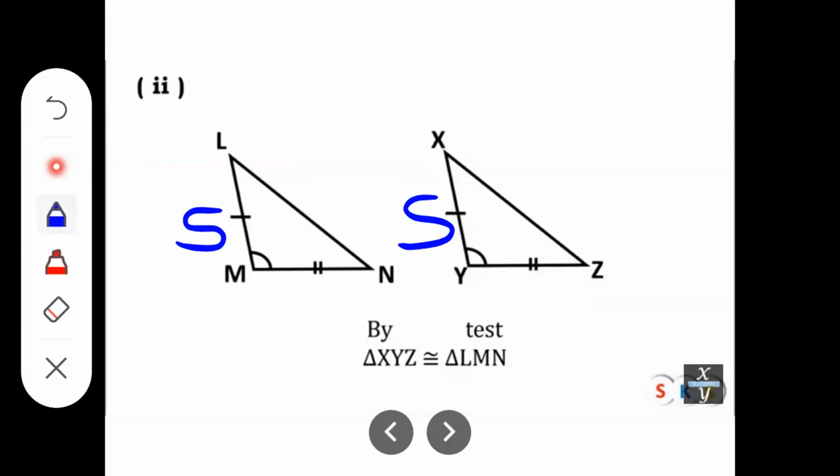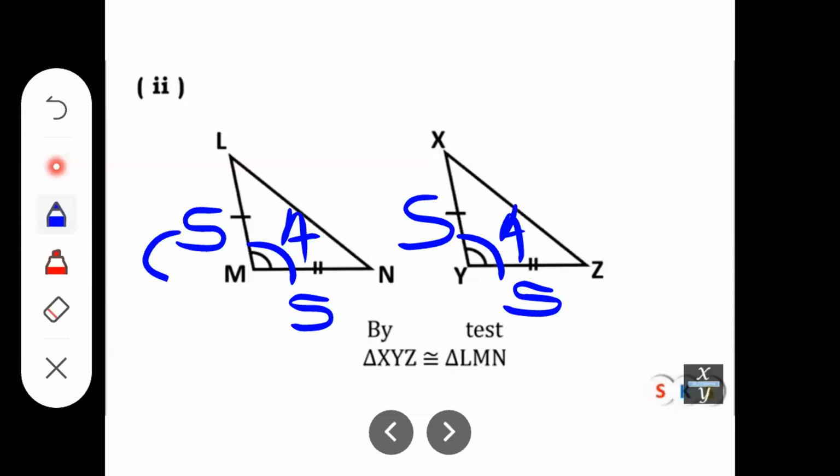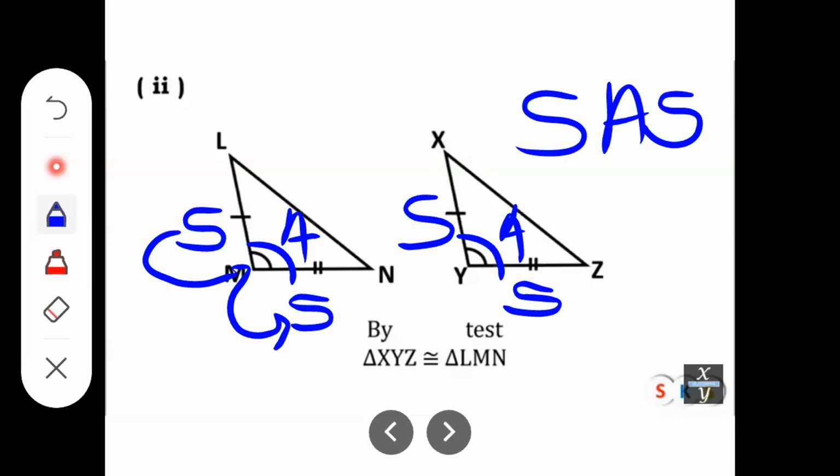Then this side with this one, and the included angle symbol is already marked here. Angle marking is there, so that is A for angle. So the test is SAS test, right? This side, then this angle, and again this side. So the test of congruency is SAS test.